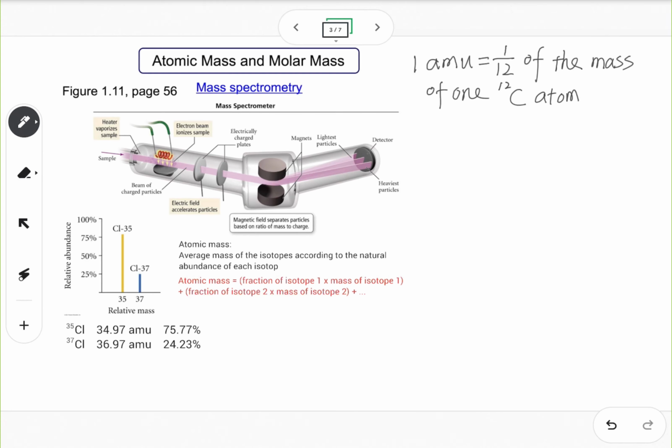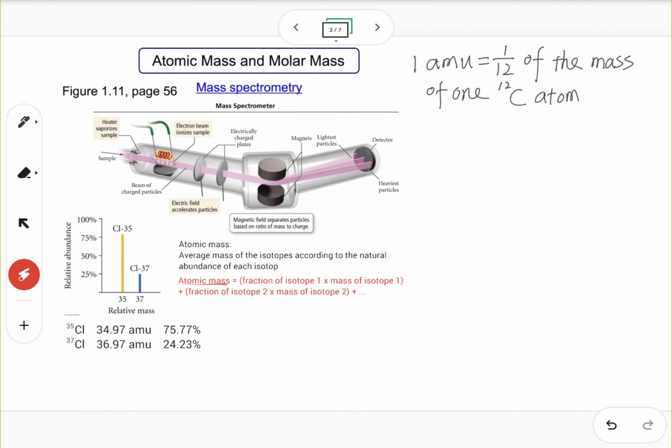All right, now we know the information about the two isotopes of chlorine. So let's use this as an example to calculate the atomic mass of the element chlorine. As we defined, the atomic mass for an element is the average mass of the isotopes based on their natural abundance. So we developed this equation for us to do our calculation.